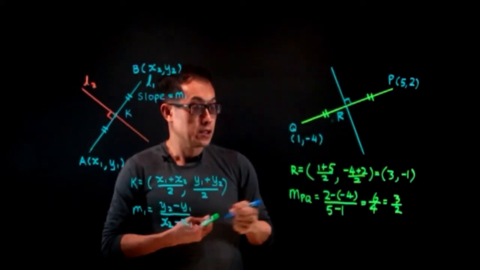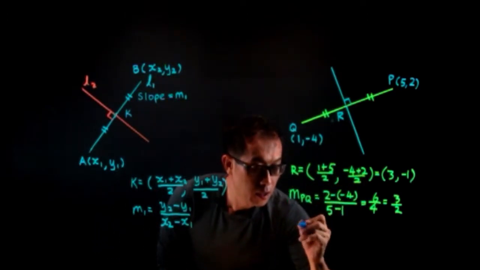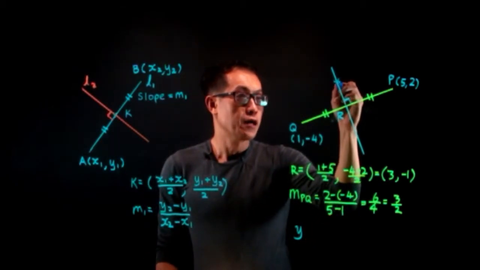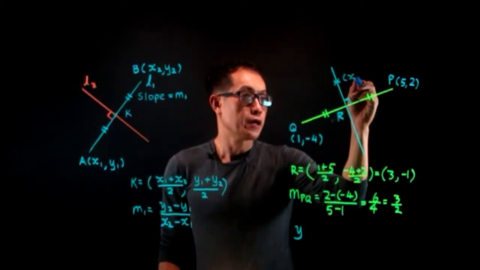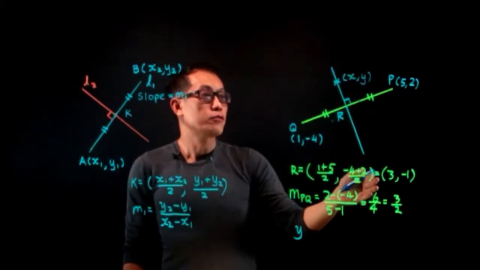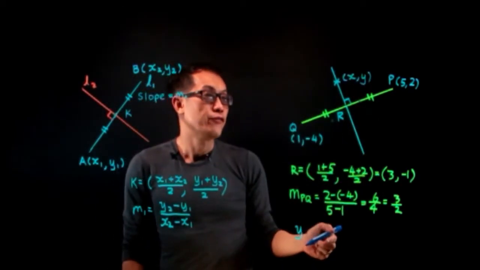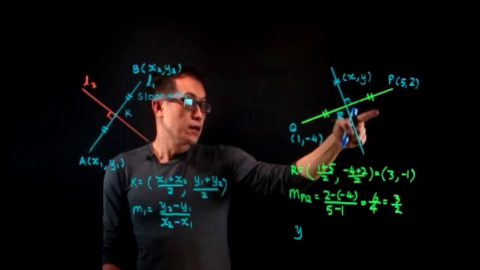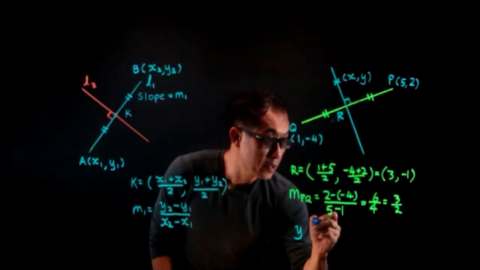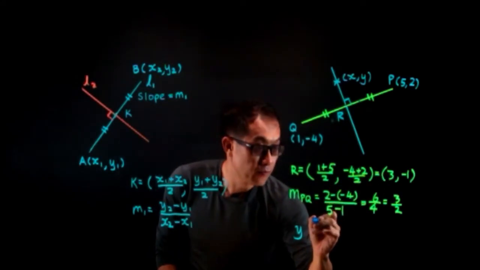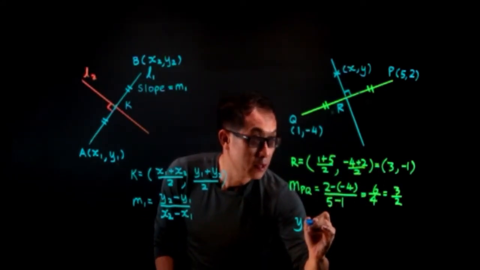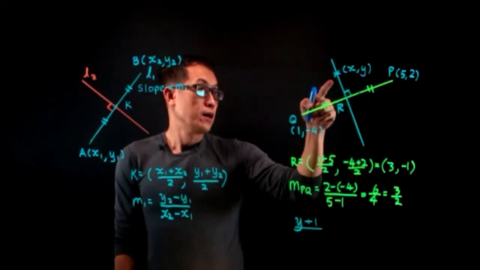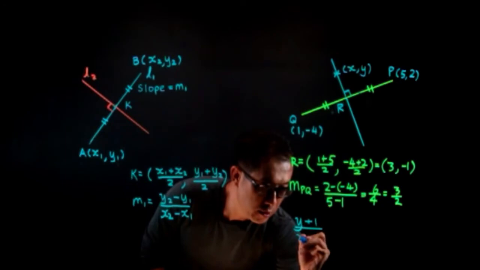Okay? Now, let's say there's a point here, we call it (x, y). How do we find the gradient of this blue line? You can use y minus minus 1 over x minus 3, so it's y plus 1 over x minus 3.